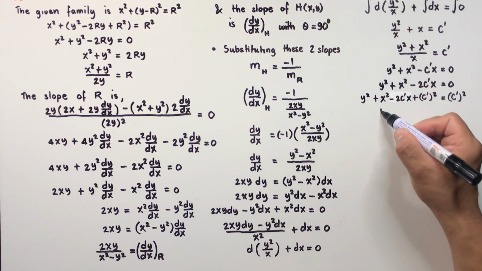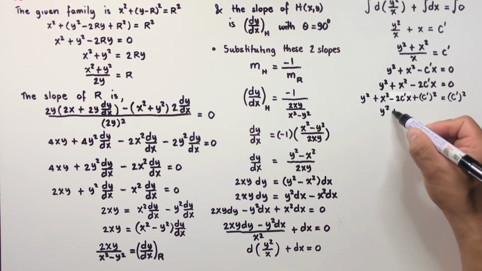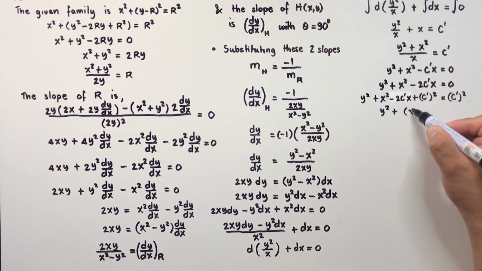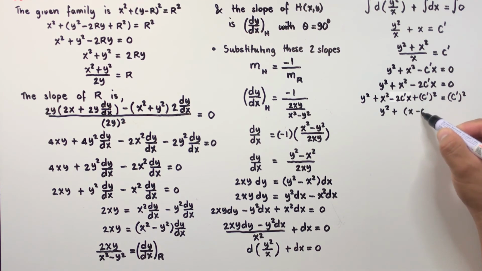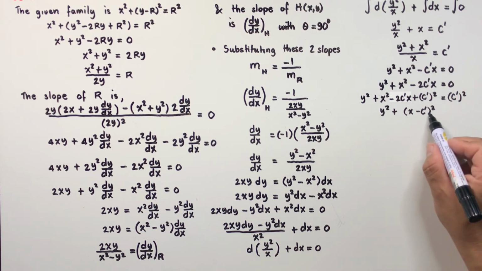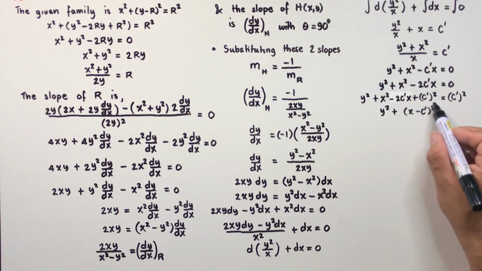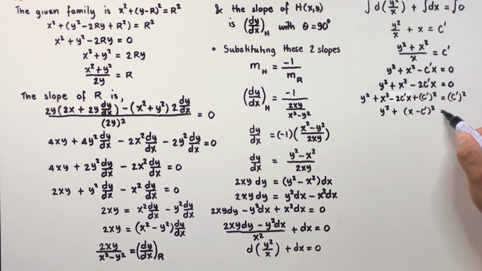And we can now write this one as a perfect square, which is x minus c prime quantity squared. And you can check that this square of this binomial is just this trinomial. So we have this equation now.